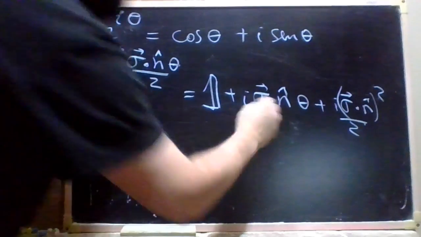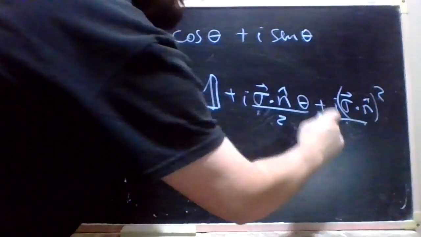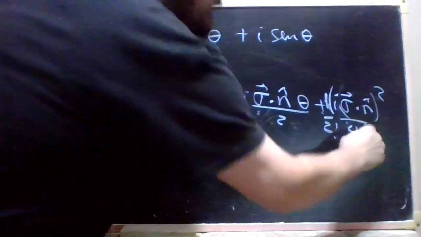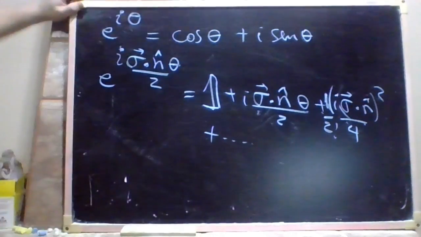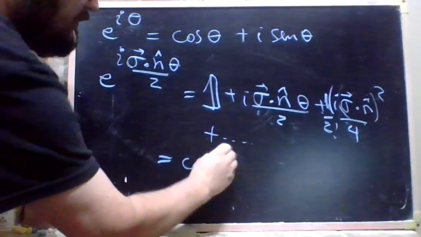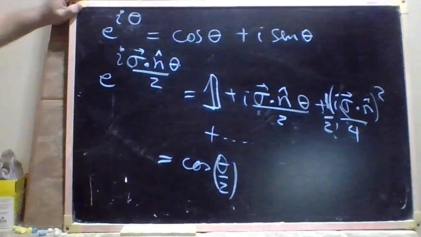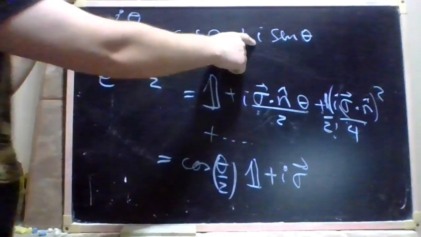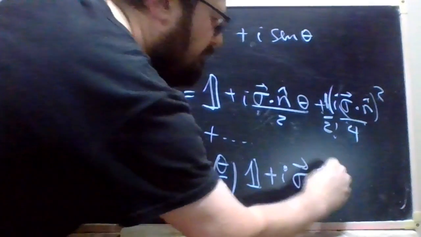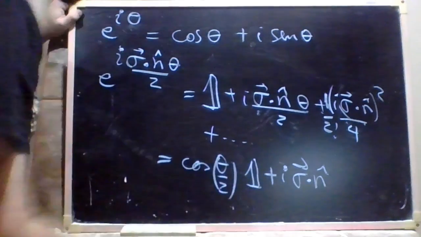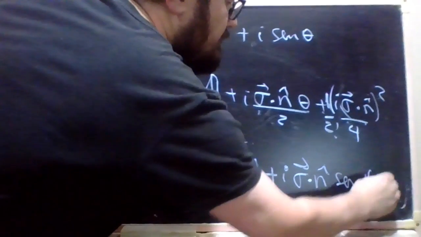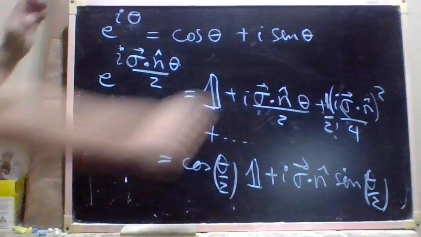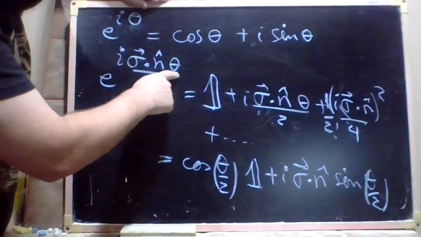Just the 2 appears here because it is theta over 2. This gives you 1 over 2 factorial. The imaginary unit goes inside here, and you divide it by 4, and so on. You'll find out cosine of half the angle, multiplying the identity matrix, plus now the imaginary unit must be replaced by the Pauli matrices multiplied by the imaginary unit, sine of the half parameter theta over 2.